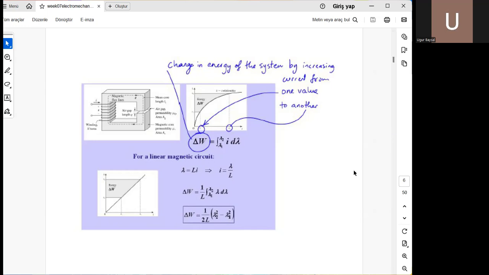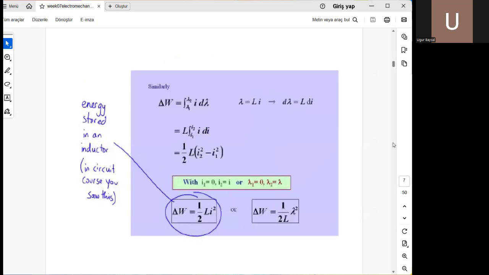When everything is linear, as shown underneath, the change in energy is 1 over 2L times the difference of the squares of the lambdas. So it's very similar to the change in energy stored in an inductor.